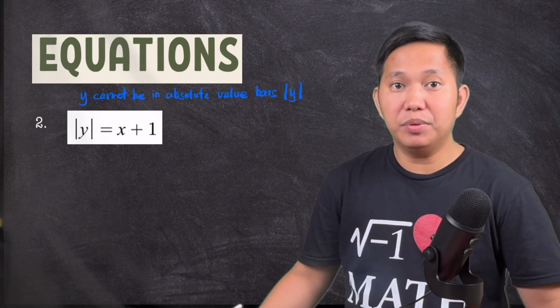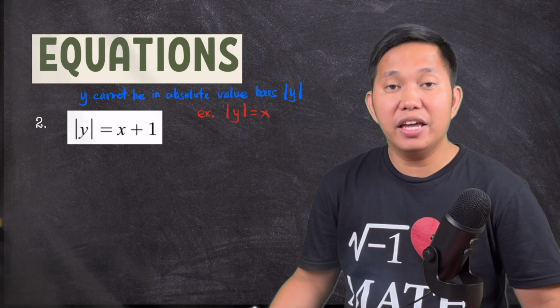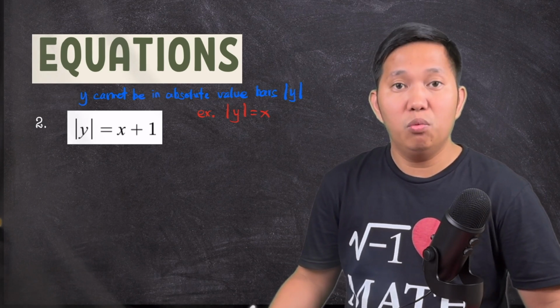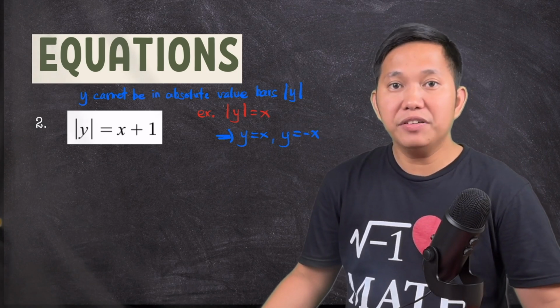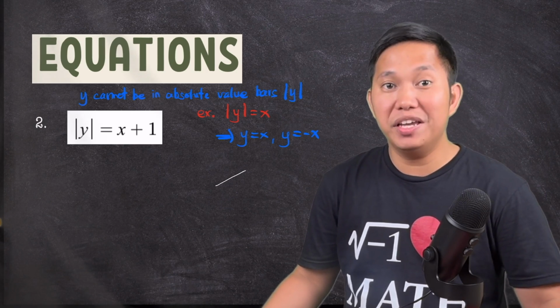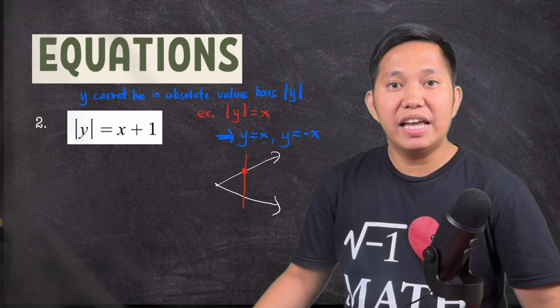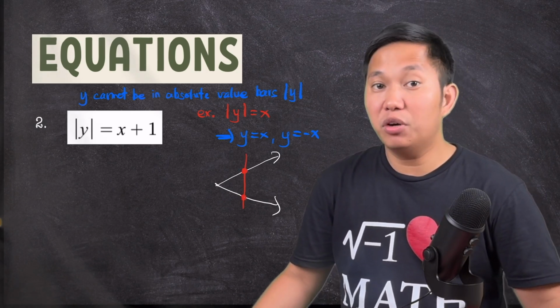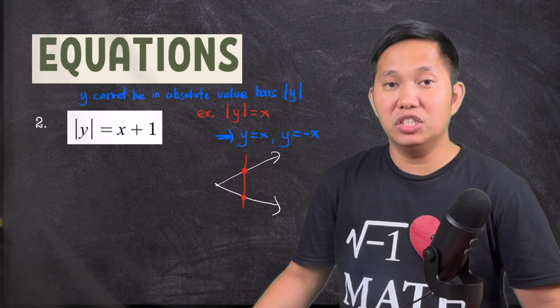For example, if you have an equation like the absolute value of y equals x, this could imply two different functions, y equals x and y equals negative x, depending on the sign of x. And graphically, this would create a V-shaped graph opening to the right, which fails the vertical line test, meaning it has multiple outputs for a single input. Hence, this equation is not a function.